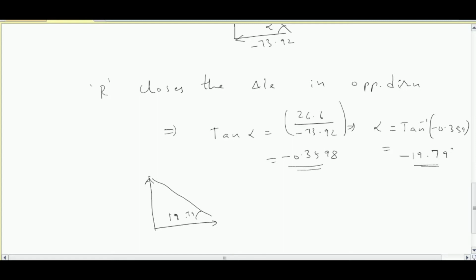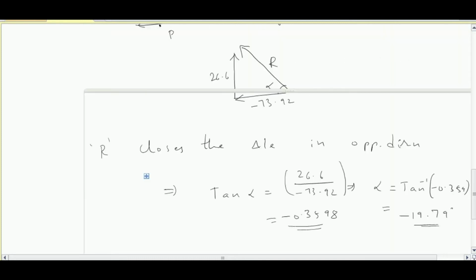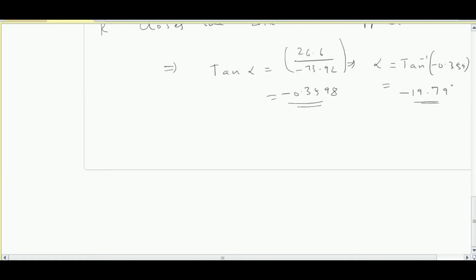So let us denote the minus 19.79 degrees in the graph. Zero is the positive x-axis direction. If we want minus 19.79, we need to go below it. So let us draw it. Q is acting in the vertical positive y direction.